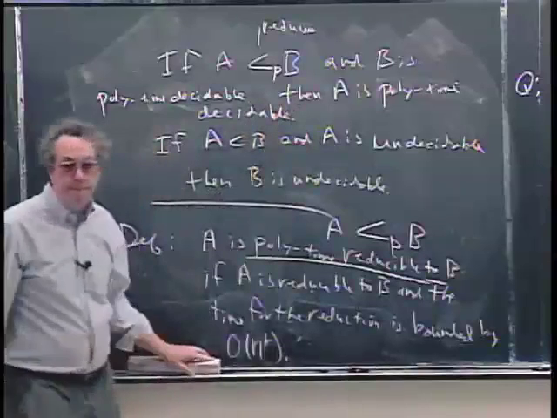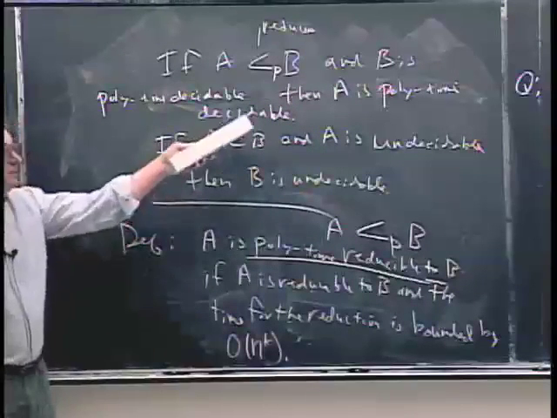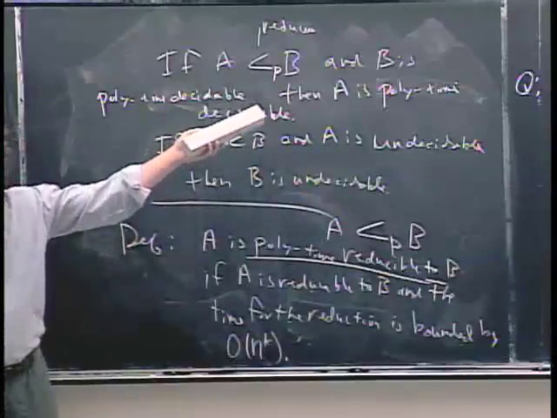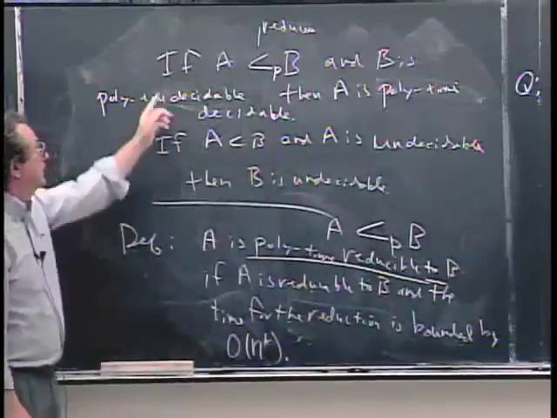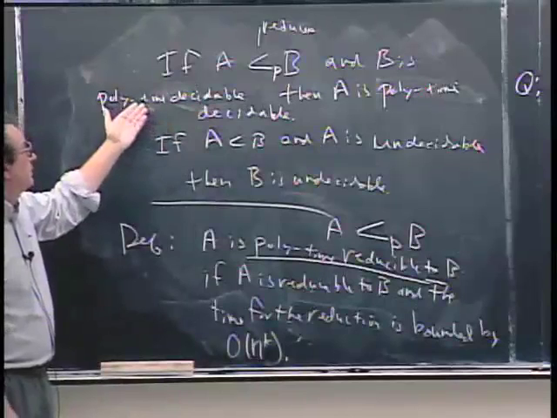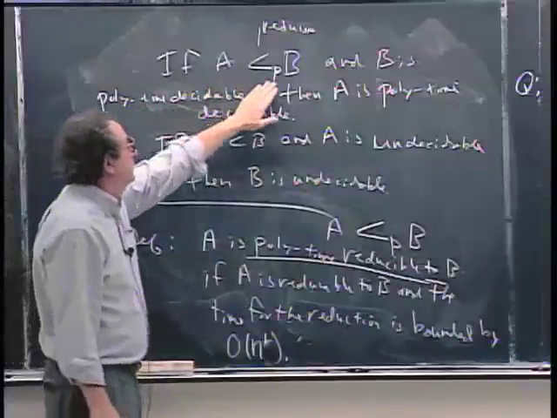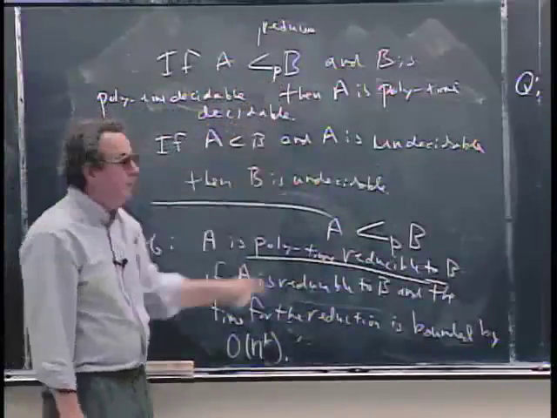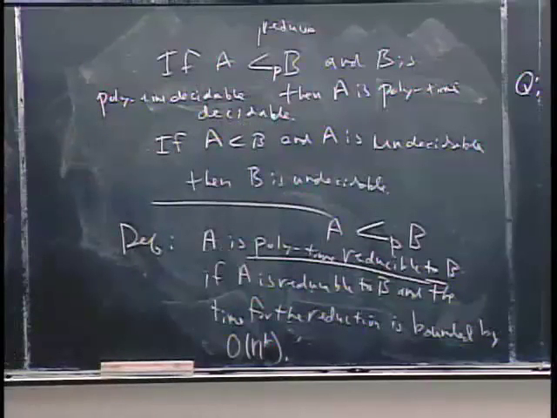So all I've done is really add the element of time here. We already had this kind of logical relation for decidability, but now we're saying, well, if A can reduce to B in polynomial time, and B itself is polynomial time decidable, then A is polynomial time decidable.